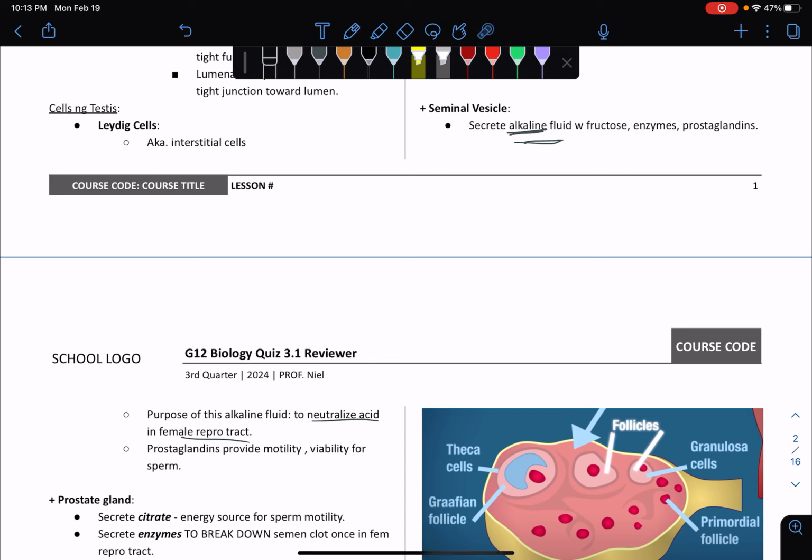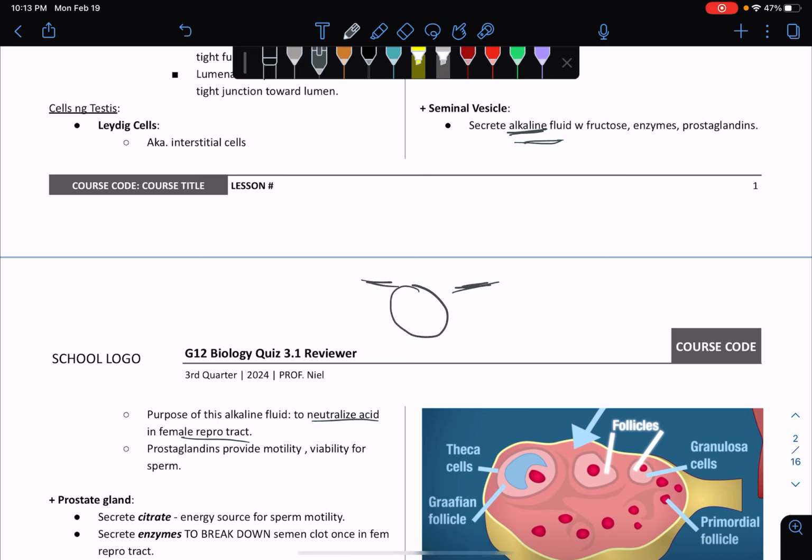And what I mean by prostaglandins, these are the ones that provide motility. Motility, basically how agile the sperm cell is, is very important because they swim. Through using their flagella, they have to travel all the way to this part.